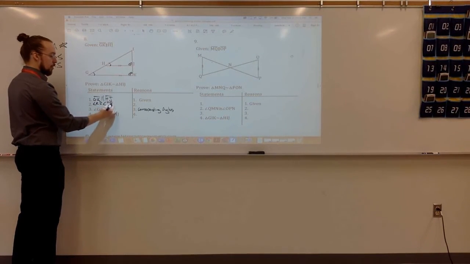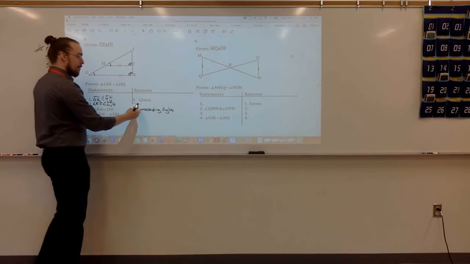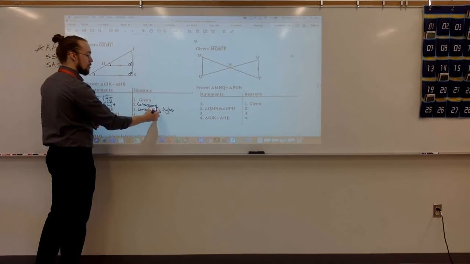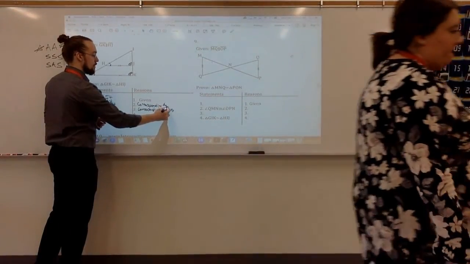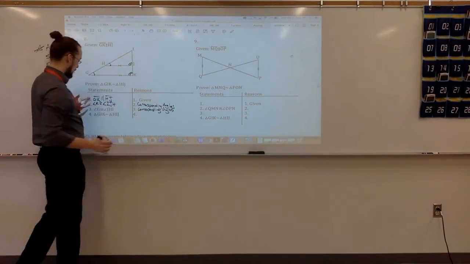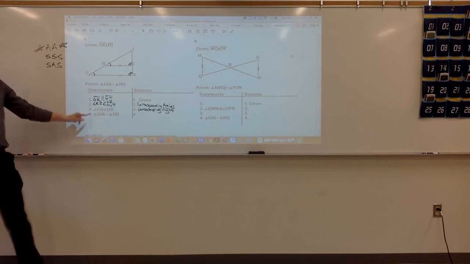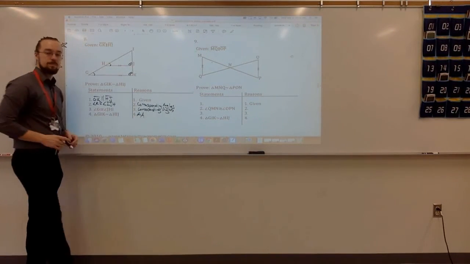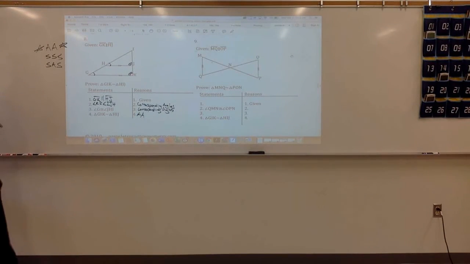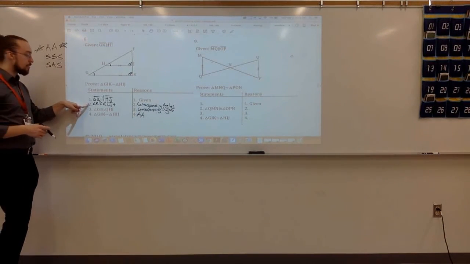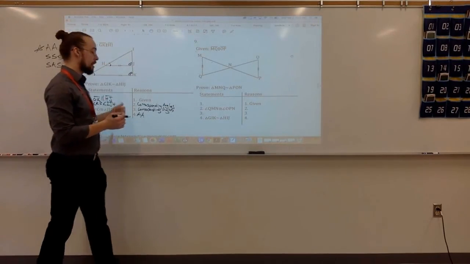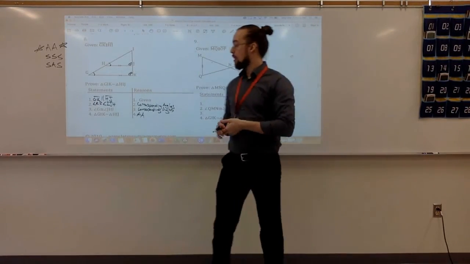So I could call it IJH, and my reason here would also be corresponding angles. Well, now I've shown 2 pairs of angles congruent, therefore the triangles are similar by angle-angle. Just like the example that we did though, instead of using this pair of corresponding angles, we could have said angle I is congruent to angle I by the reflexive property.